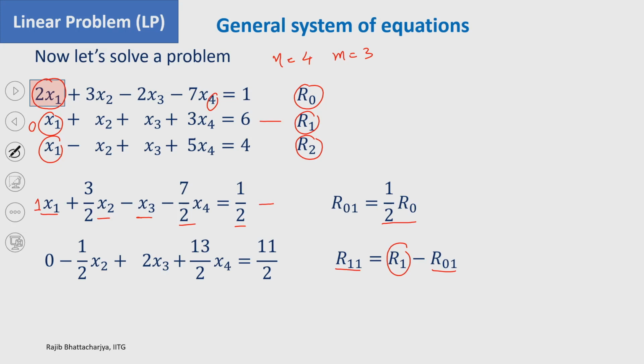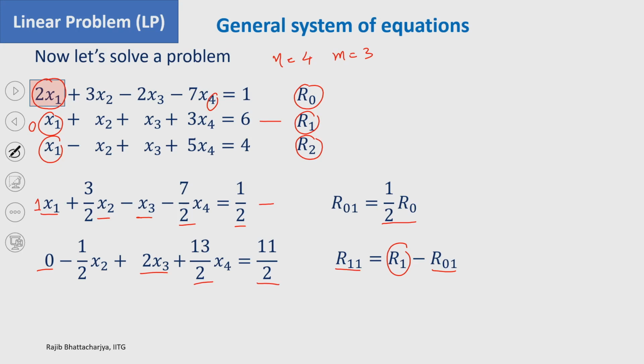If I do that, that means x 1 minus x 1, so you are getting 0, then 1 minus 3 by 2 x 2, so I am getting minus half, then x 3 minus x 3, so minus minus plus, I am getting twice of x 3, and for x 4 I am getting 13 by 2 x 4, and on the right hand side I am getting 11 by 2.